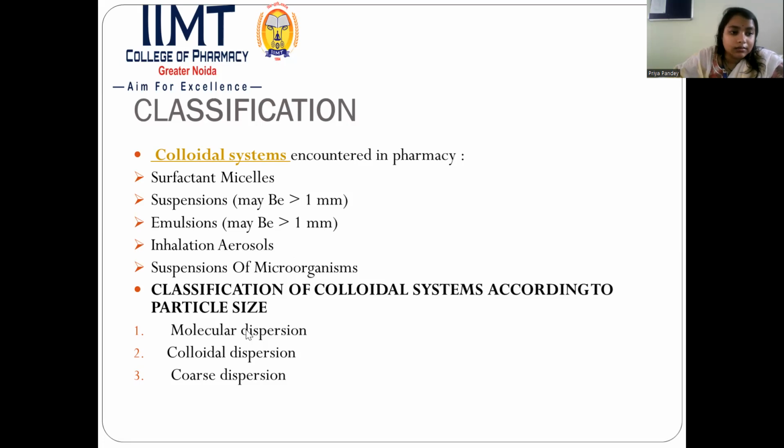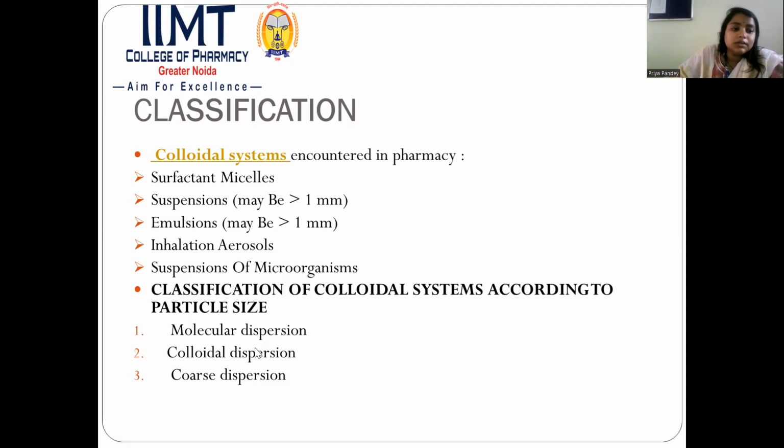And as we know, they are invisible in electron microscopy because the size is very small. They can pass through the ultrafilter and the semi-permeable membrane. For example, glucose, oxygen molecules, and ordinary ions as well.